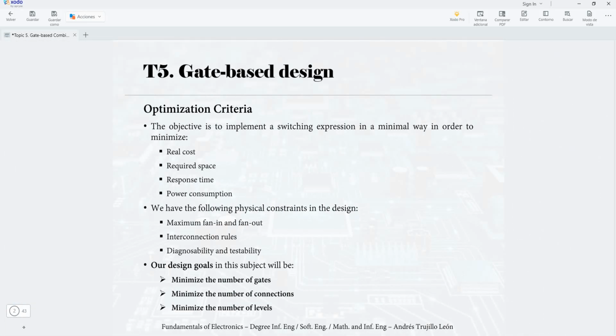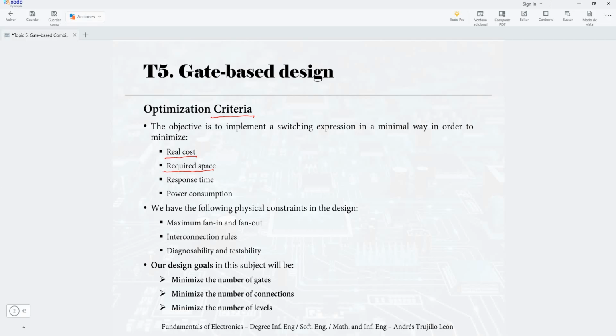Remember that we are engineers, so we are going to have an optimization criterion approach. So what are these criteria? When we design a system, we have to take into account the cost. It has to be the cheapest possible. The required space. Note that the smaller the circuit, the more we can put in a chip, so the chip can be more powerful.